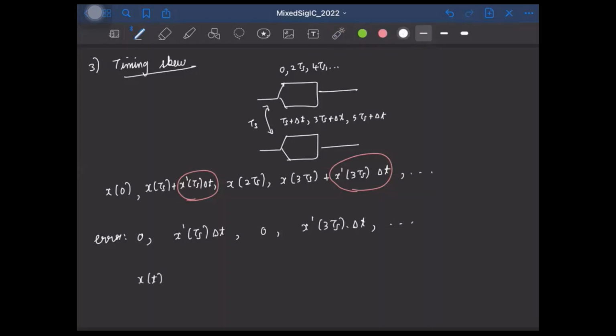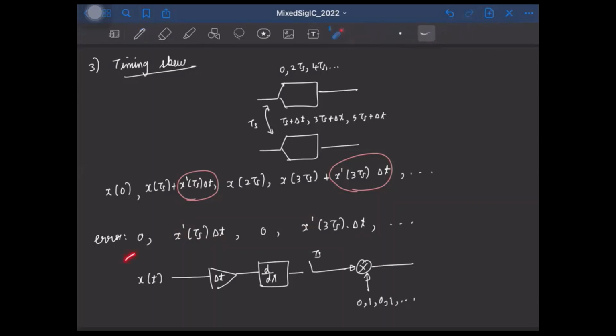So I take the signal x of t, multiply with delta t, that models this multiplication, and then take the derivative, that models this x dash, and then sample at TS, that models the derivative here, and then I'll multiply with the sequence of 0, 1, 0. Okay, so this will ensure that you don't have any error at these points.